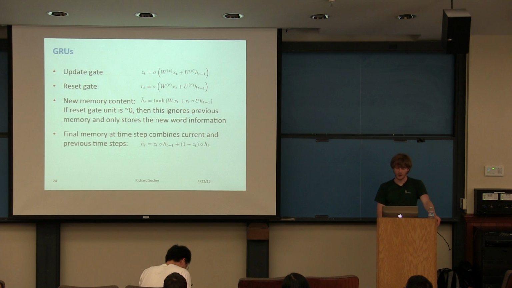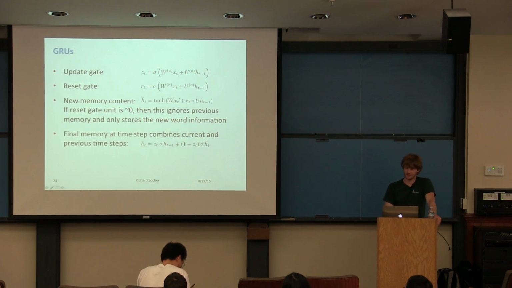So if R, and again, R here is a vector, so these are all vectors, right? If the ith element of the current reset gate at time step t is 0, it basically doesn't matter what your past had said. You will just ignore it entirely.